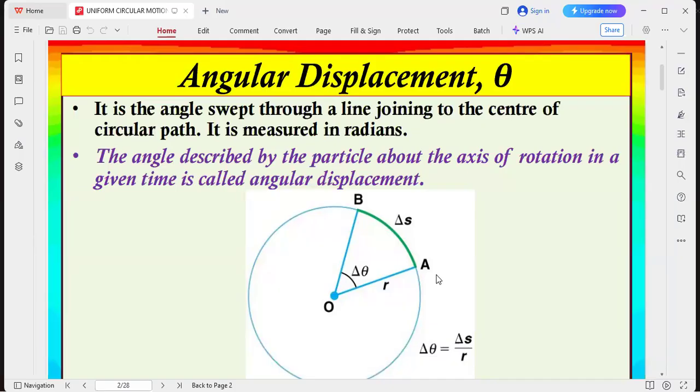So 2 pi equals 360 degrees, and pi equals 180 degrees. Half pi, 90 degrees, and so on and so forth. So that's how we also express angles in maths in terms of pi.